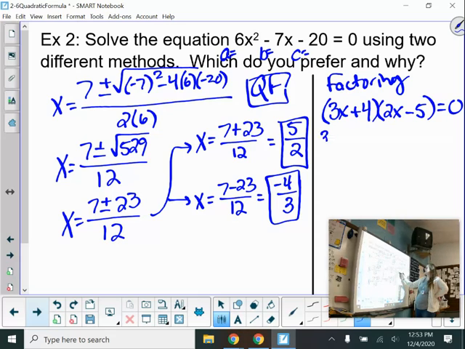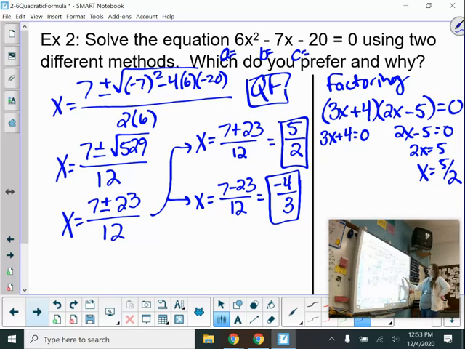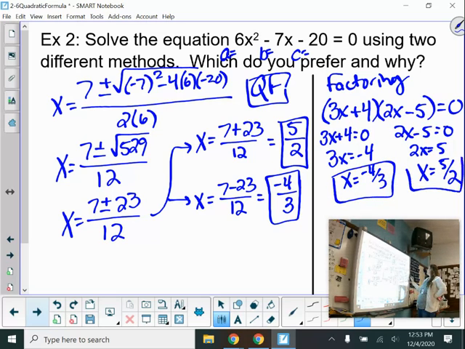So then I set each of these equal to 0. So we get 5 halves and negative 4/3, which are the same two answers that we got with the quadratic formula, but there was a little more guesswork involved because we had to figure out the proper factorization.